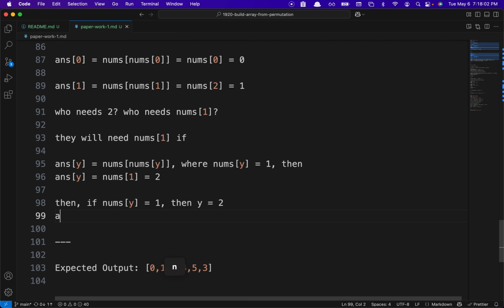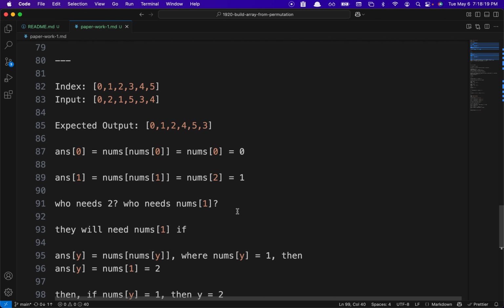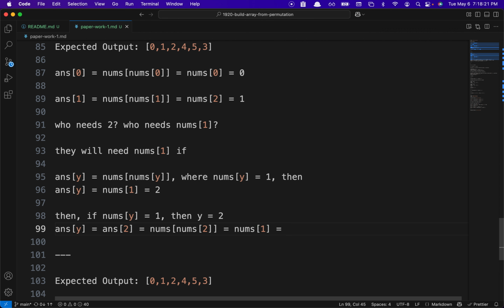So when you say answer of 2, which is equal to nums of 2, nums of 2 is 1, which is equal to 2.